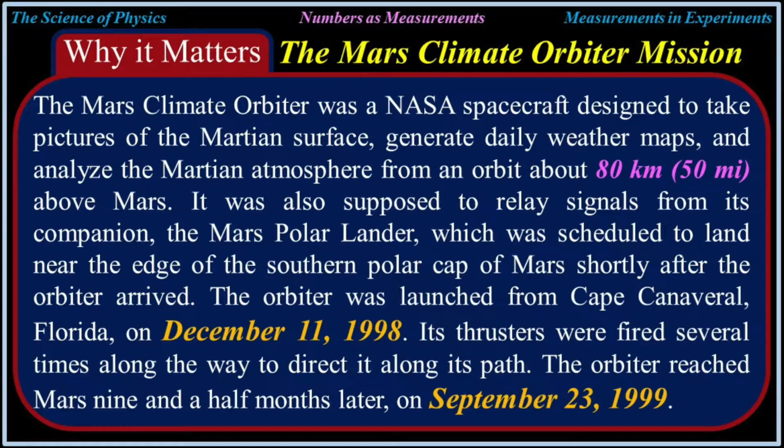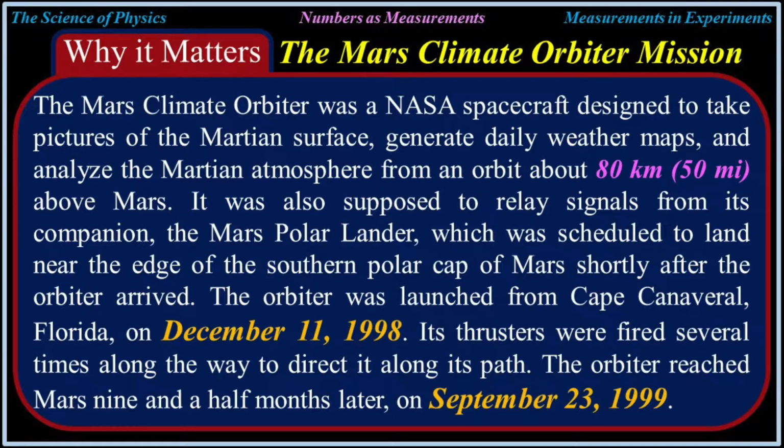The Mars Climate Orbiter was a NASA spacecraft designed to take pictures of the Martian surface, generate daily weather maps, and analyze the Martian atmosphere from an orbit about 80 kilometers or 50 miles above Mars.